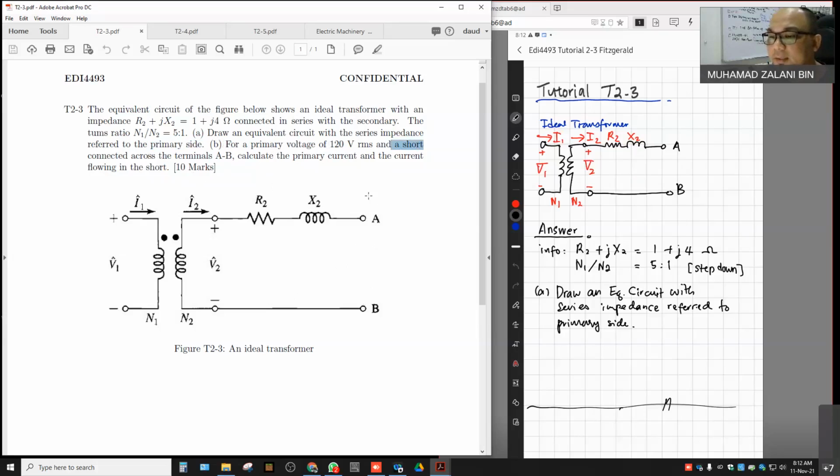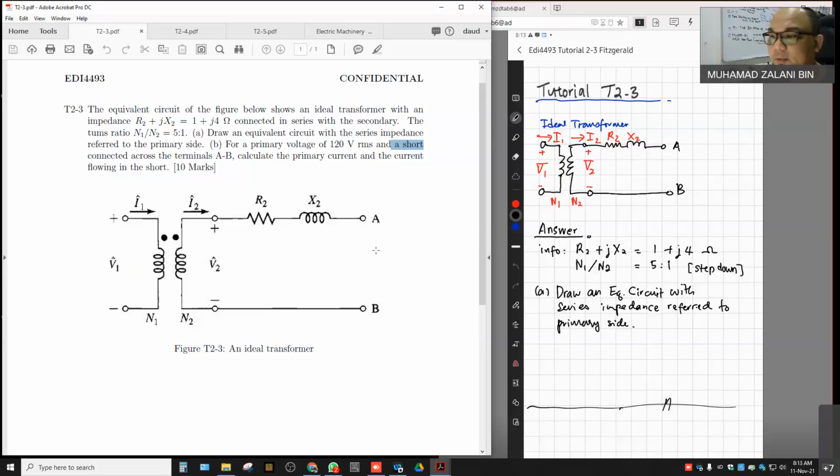Okay, at the secondary, dengan primary voltage ni kita berikan dia sebanyak 120 volt. Okay, kita connect this transformer at the primary with 120 volt. Okay, so this is step down transformer. Dan kita shortkan A dengan B, terminal A, B.